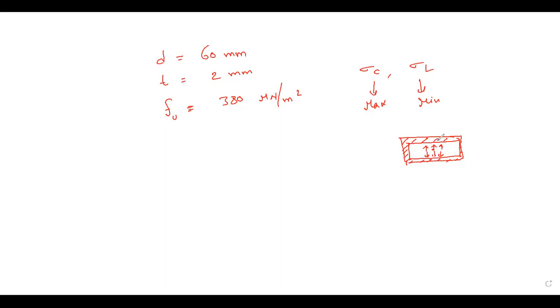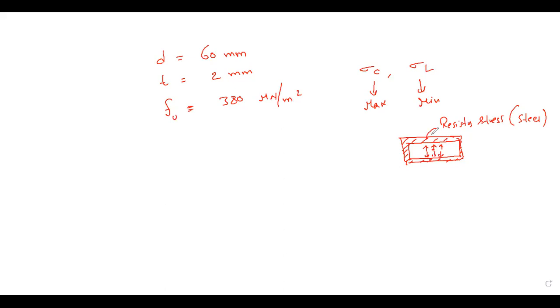Which material resists the pressure inside? The steel, right? So this material will have a resisting stress. So to resist the circumferential stress over here, this material steel also should have an equal or more than resisting stress.